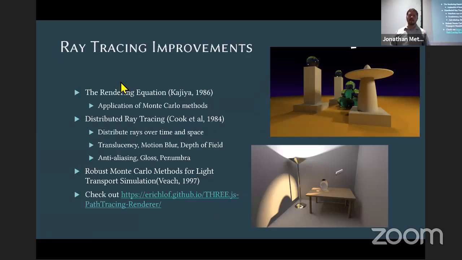Now, improvements came in the 80s for ray tracing, and some of the big ones were in the 90s, especially as path tracing was getting more use in the film industry. But Kajiya in 1986 basically decided, we have this rendering equation we learned about, and he also brought along a lot of different Monte Carlo methods, which had previously been used in the physics community for simulating atomic interactions with each other, right?